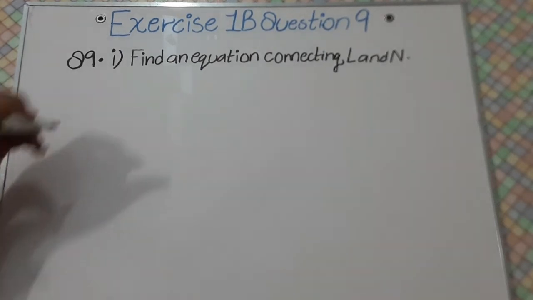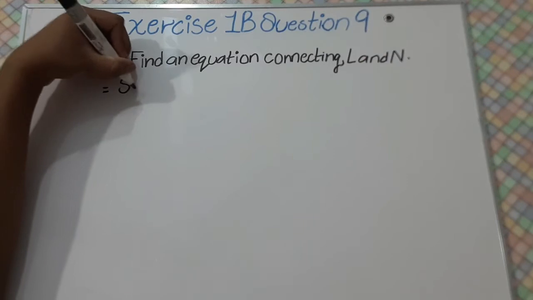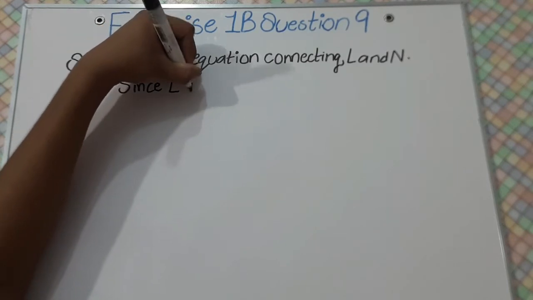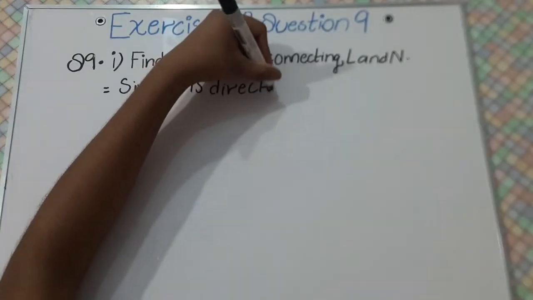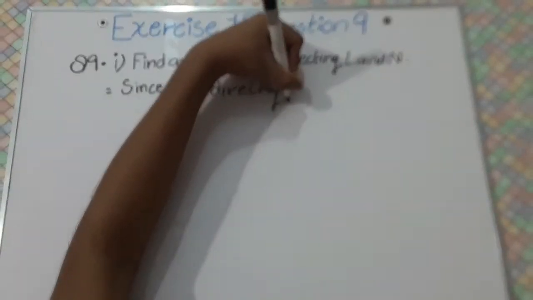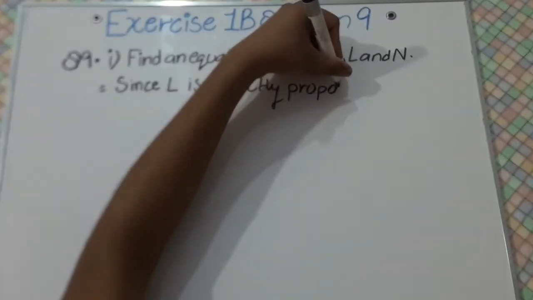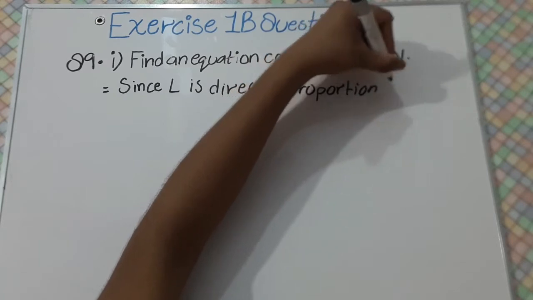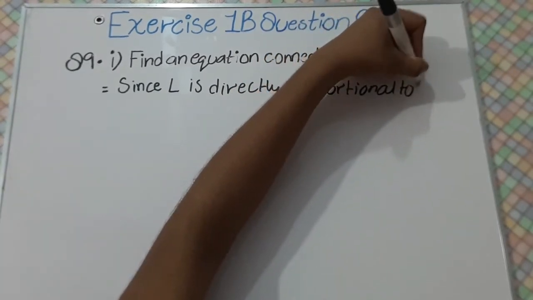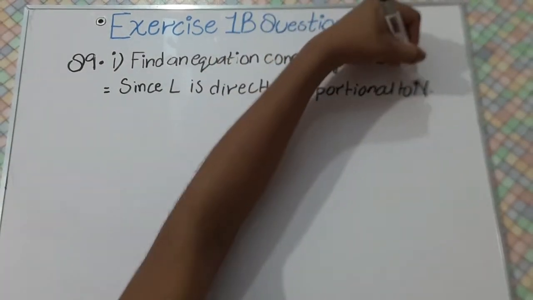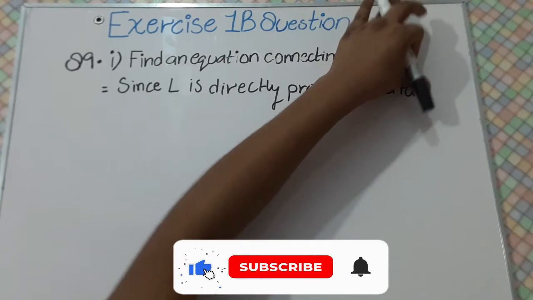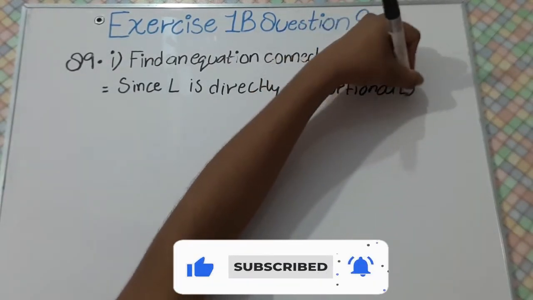As the question says, L is directly proportional to under root n, because they are saying square root.